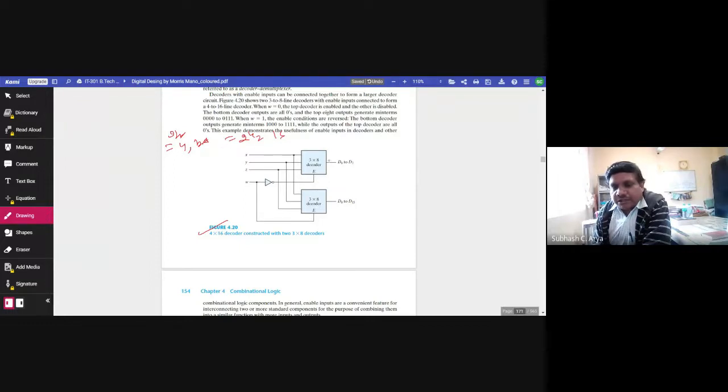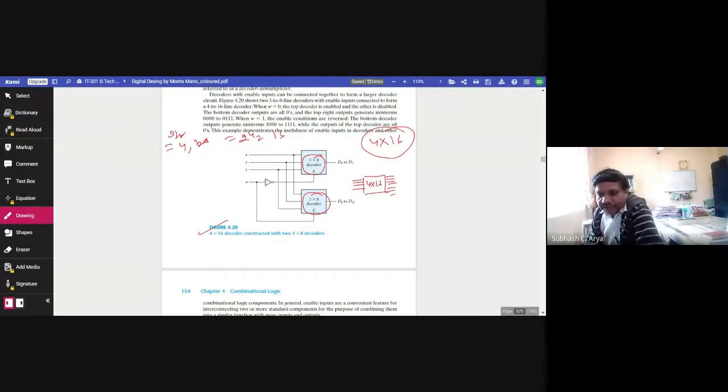We have the 3 to 8 line decoder. Okay, it can be realized simply like this also. This box is there. You give here 4 input lines, 1, 2, 3, 4, and 16 output lines. There is no issue. That can be easily implemented.